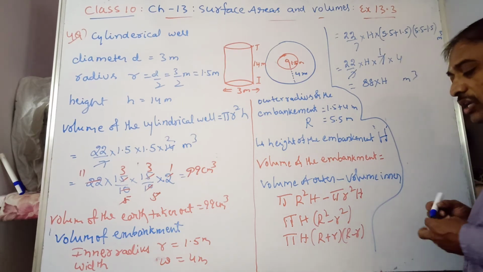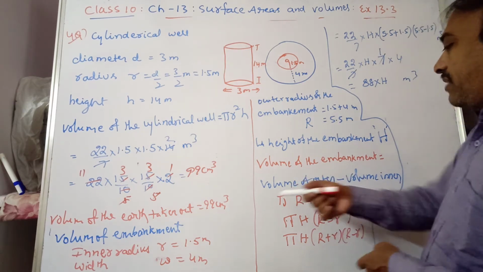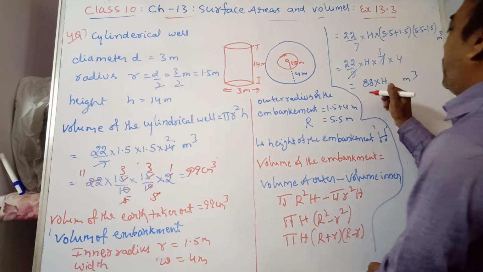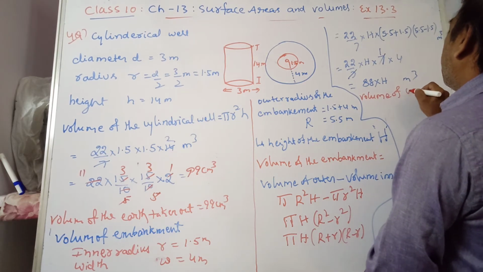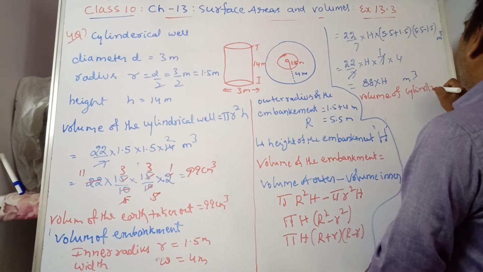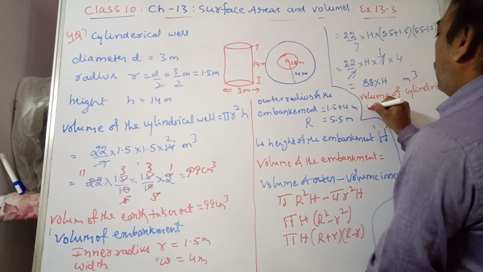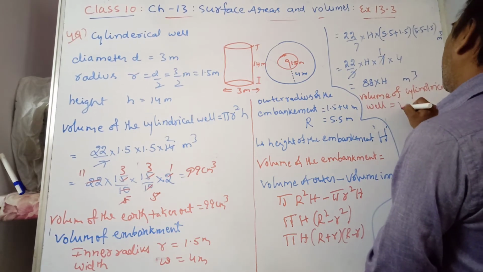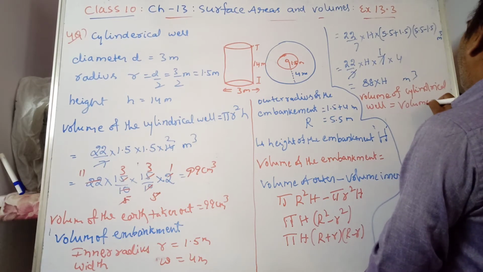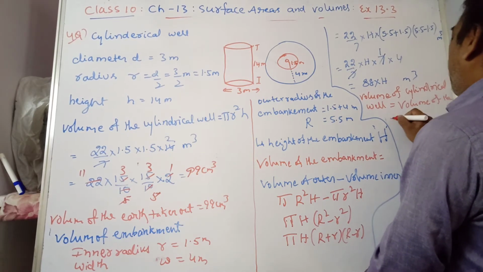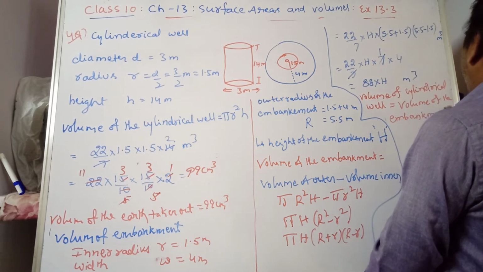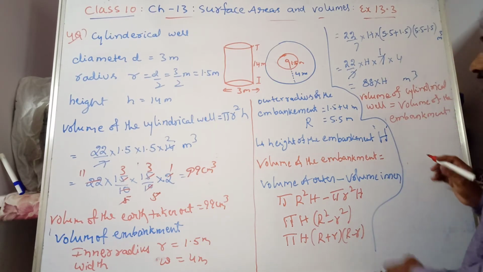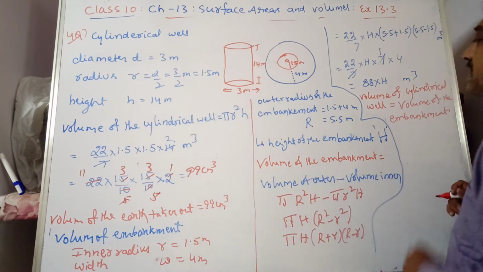Now the volume of the cylindrical well is equal to the volume of the embankment. The volume of the well is 99 meter cube.